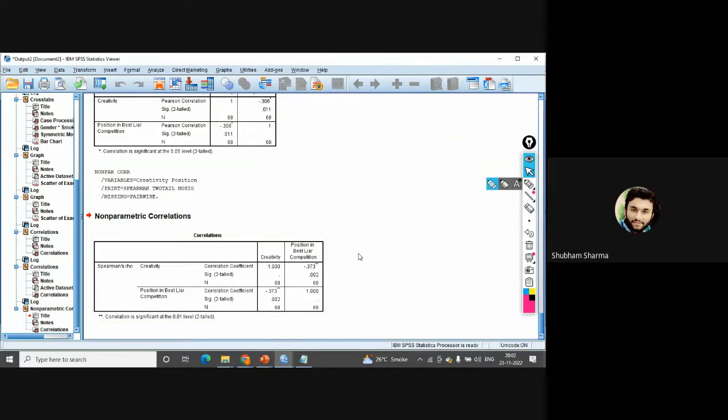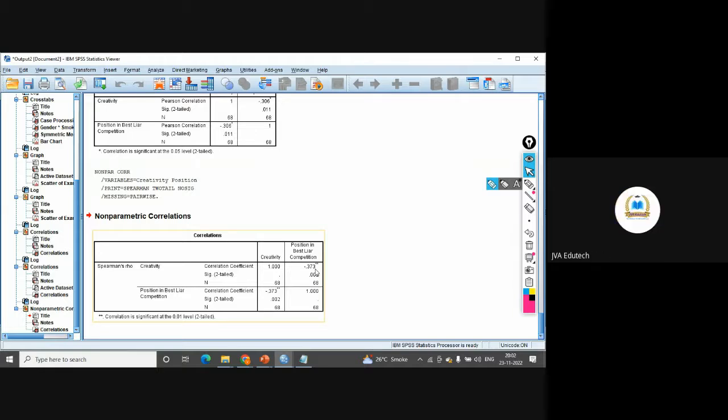That means the students who are more creative are better liars. No, see, this is position in the best liar competition. This means that if creativity is increasing, their rank number is decreasing, right? And if the rank number is decreasing, what is happening?